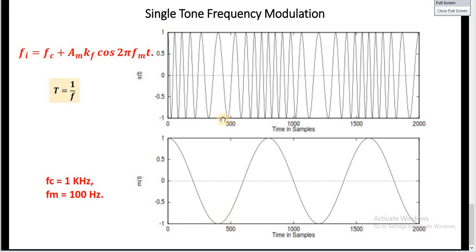So this is the highest value of the period. As the message signal increases, the period monotonically decreases until it reaches its smallest value when the message is maximum. As the signal starts to decrease, the period of the FM signal starts to increase again, and so on.